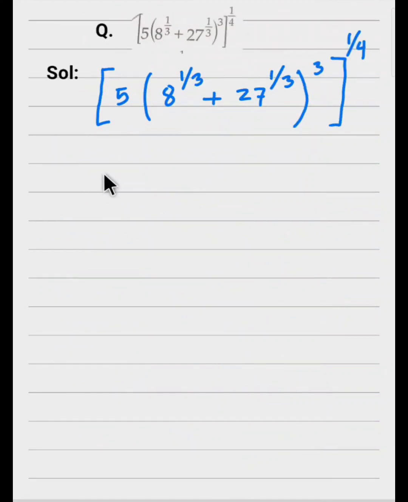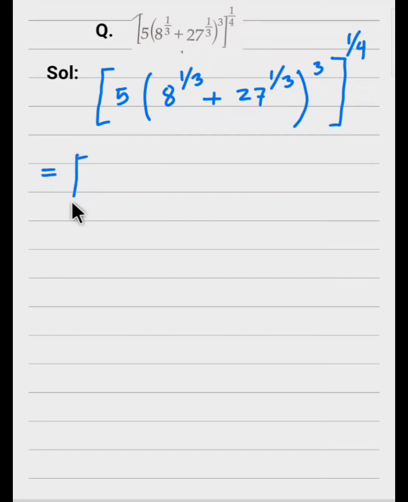Now see, the next question is: 5 into 8 to the power 1 by 3 plus 27 to the power 1 by 3, then whole cube, and then again cube, again in bracket to the power 1 by 4. Okay, now see how to solve this.